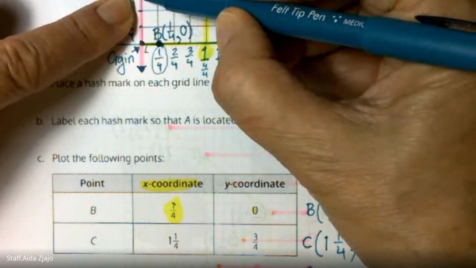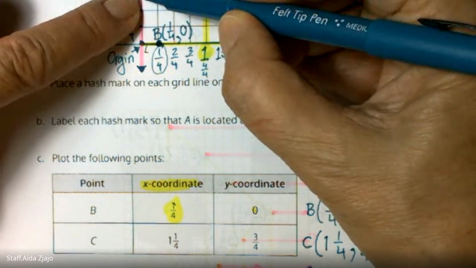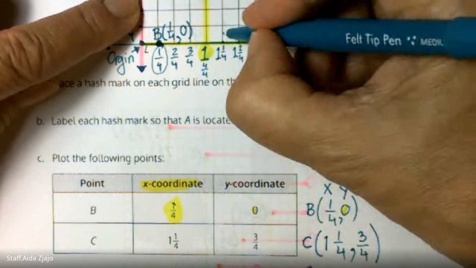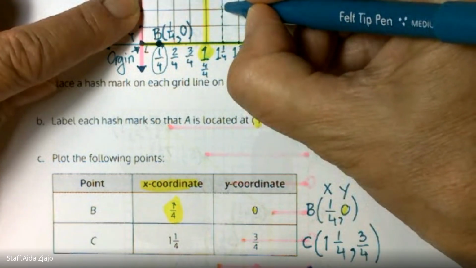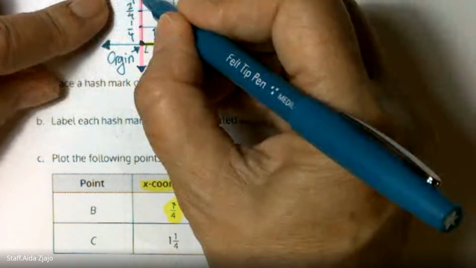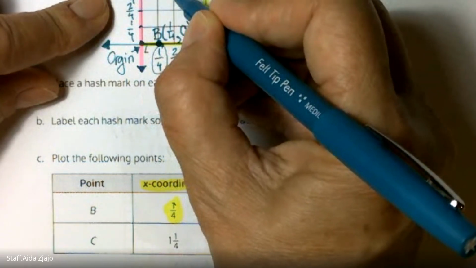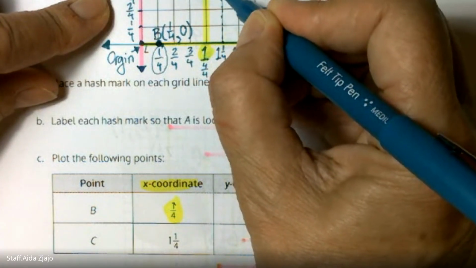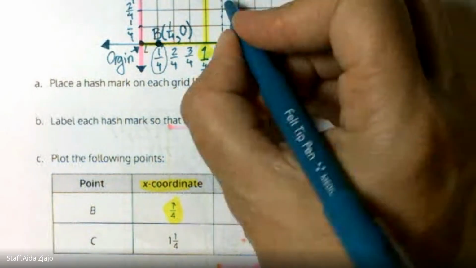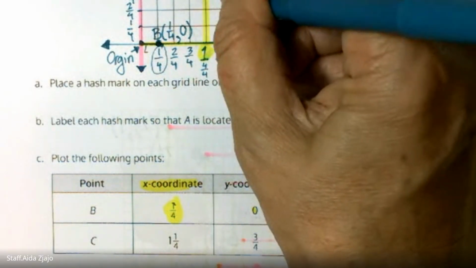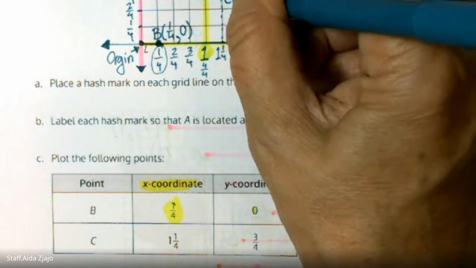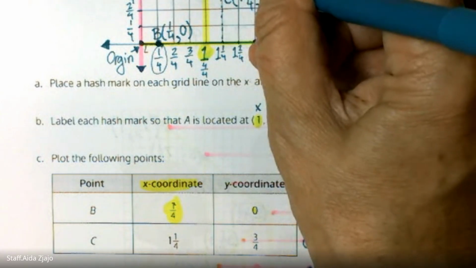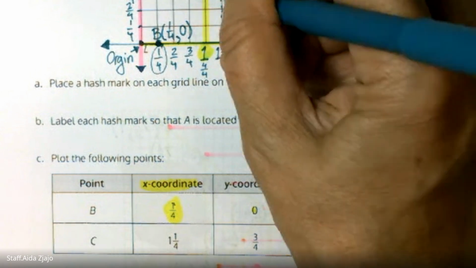Here's where that 3/4 y is. I can do dashes from 1 and 1/4 and from 3/4, and they meet right there, and that point is point C.